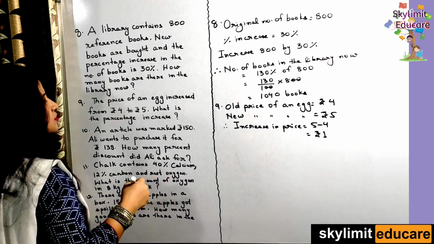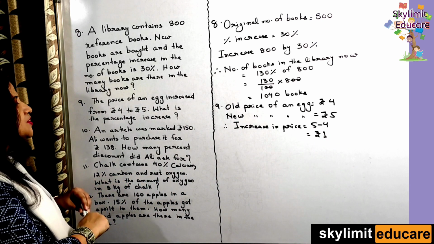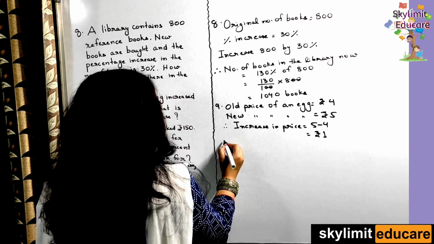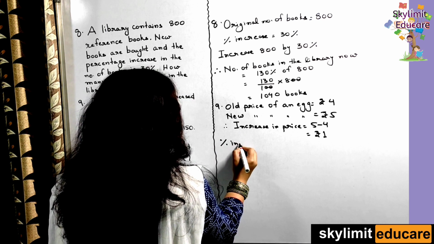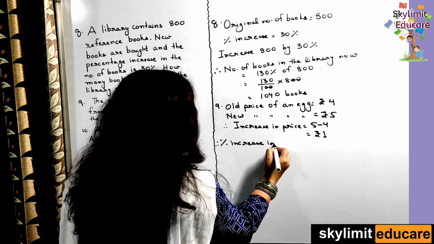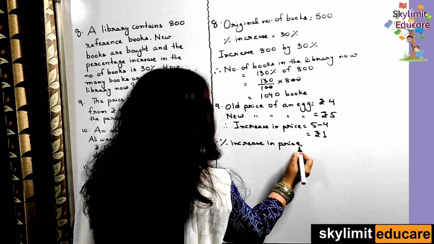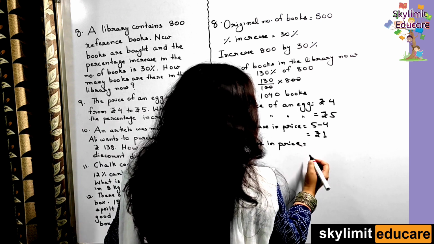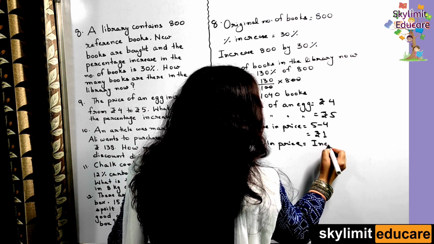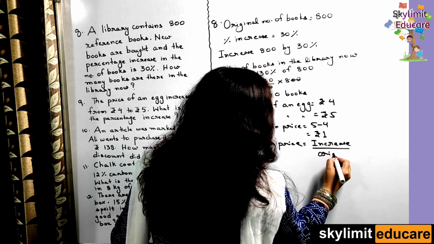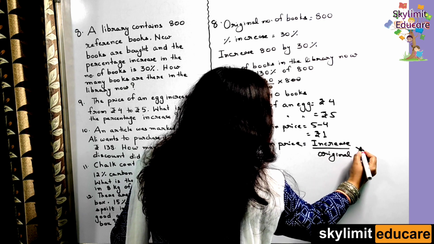And you have to find out what percentage is the increase. For that there is a formula, so remember that. How to find out percentage increase? Therefore percentage increase in price, this is the amount increased in price, it's not rupees 1. The formula is increase by original multiplied by 100.